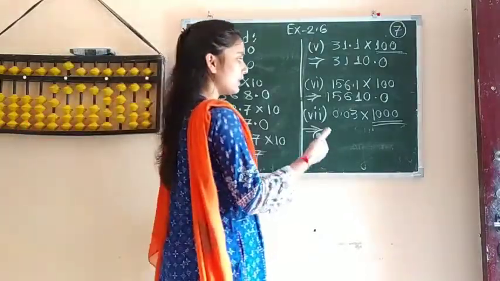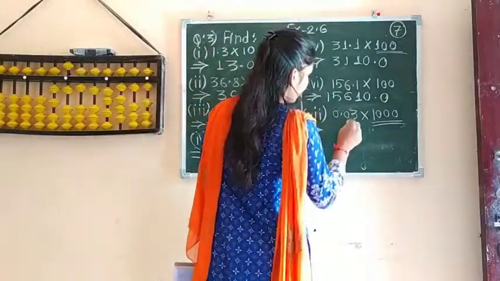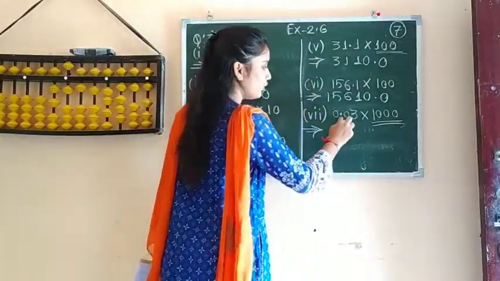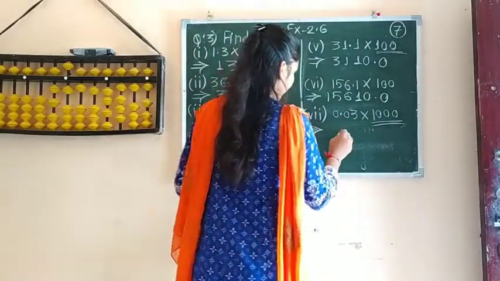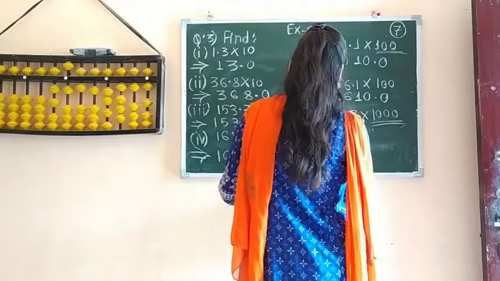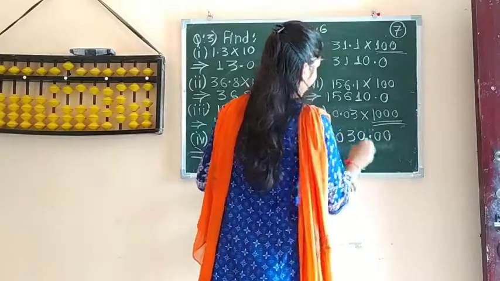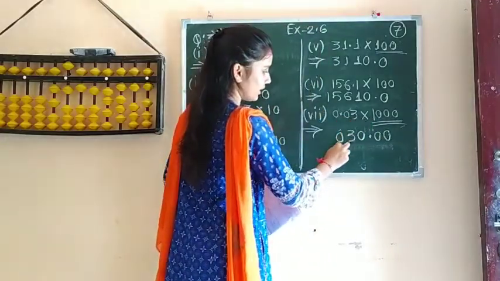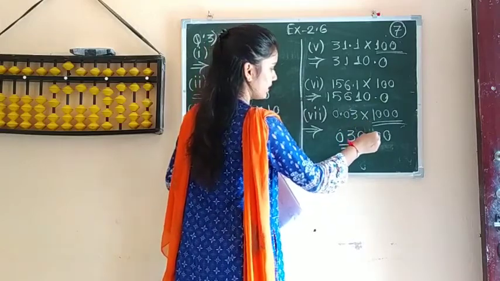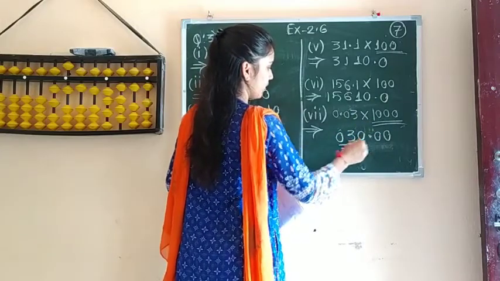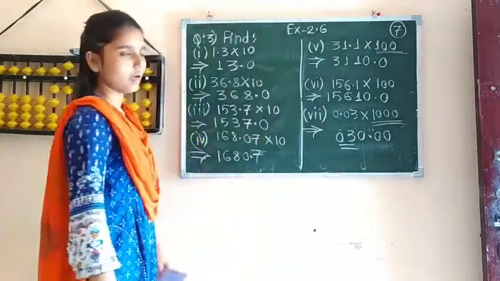Now for 1000 we are shifting by 3 towards right, means after 3 digits. यहाँ पे डेसिमल के बाद ऑलरेडी 2 डिजिट है, हमें सिर्फ 3 डिजिट चाहिए. सो व्हाट यू विल डू हियर? 0, 3 as it is and 10.00. मीन्स ये डेसिमल के बाद ये 2 डिजिट तो है, वो लिखे थे हमने एज इट इज, और एक डिजिट चाहिए तो हमने 0 लिखा, और फिर हमने डेसिमल डाला. ओके, सो दिस इज 30.00. दिस इज द आंसर.